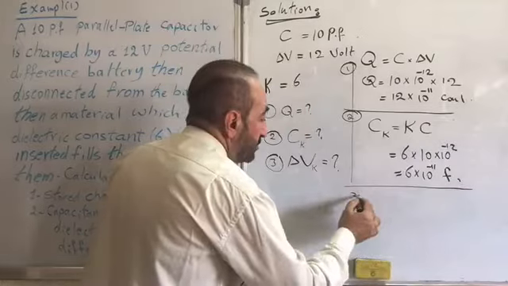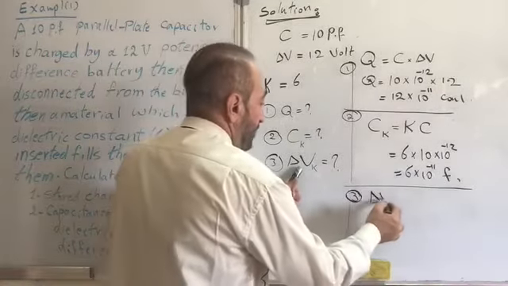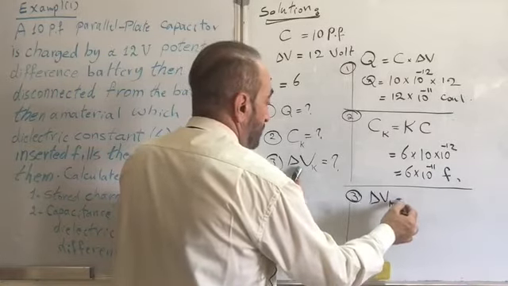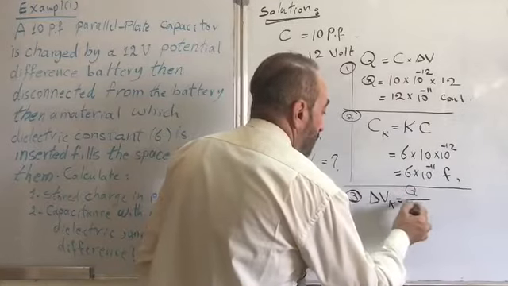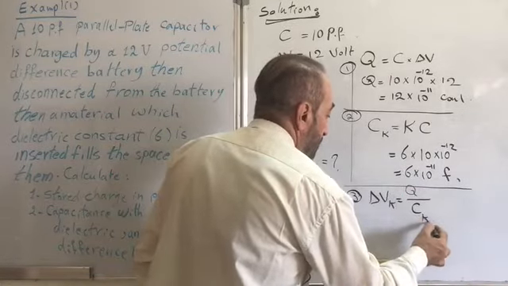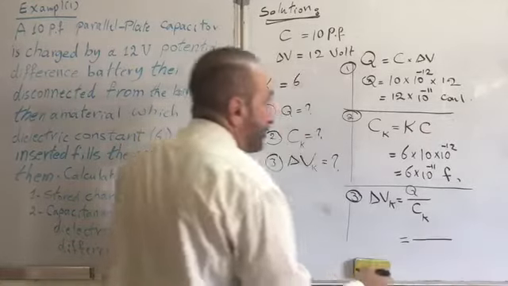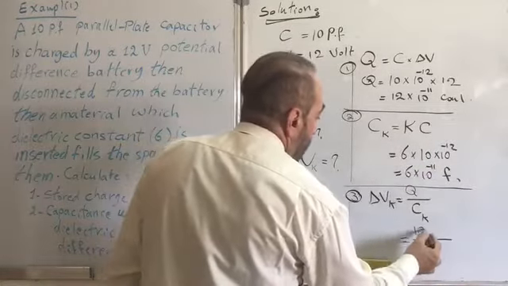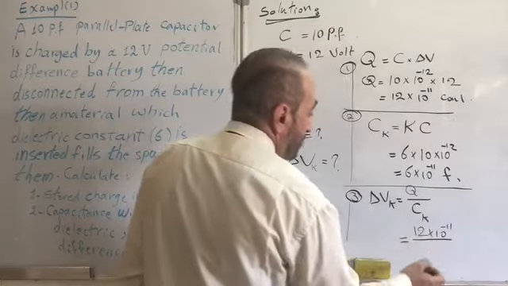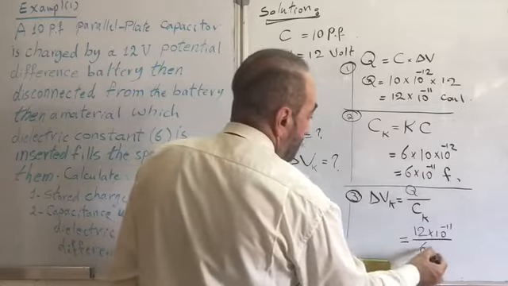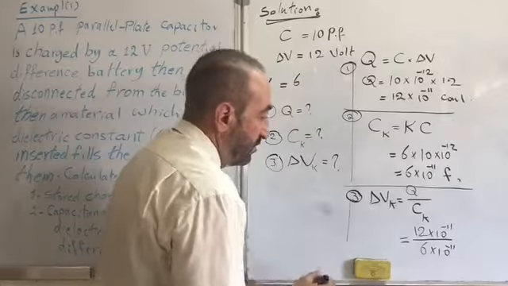The third order, to find delta V sub K, it's equal Q over C sub K. Q equals 12 times 10 to the power minus 11, over C sub K, 6 times 10 to the power minus 11.